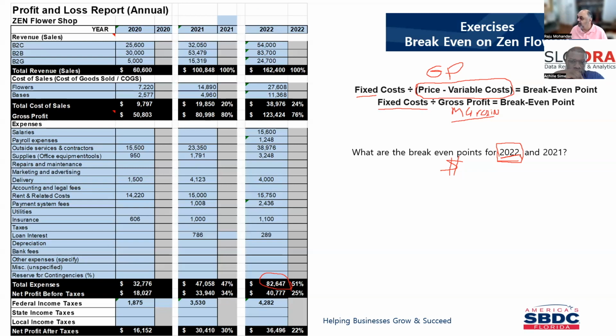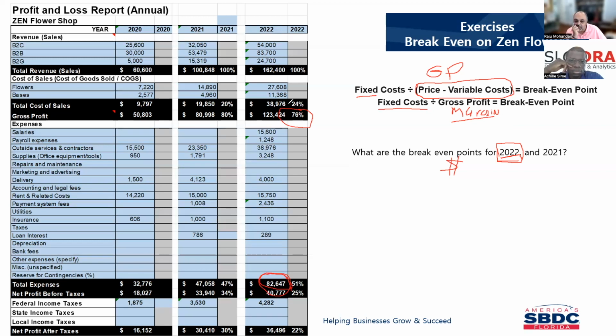Well, let me, okay, the 82,647 is your total expenses. The total expenses, but I suppose my calculation will be 125,222 will be the break even. How do you get 125,000?